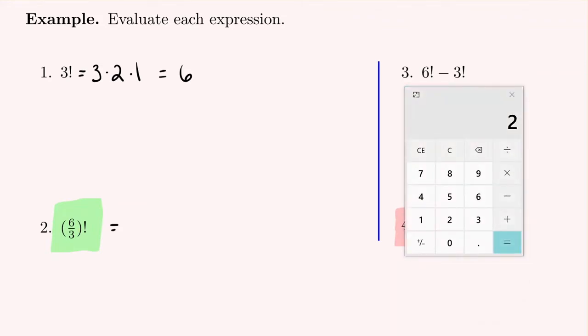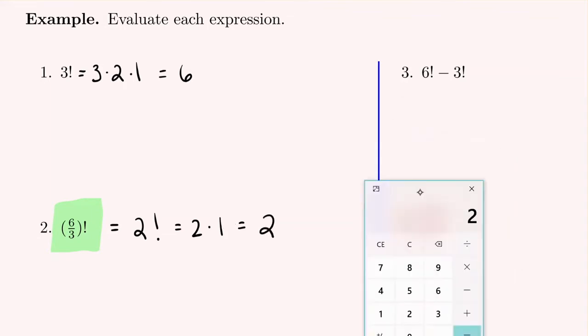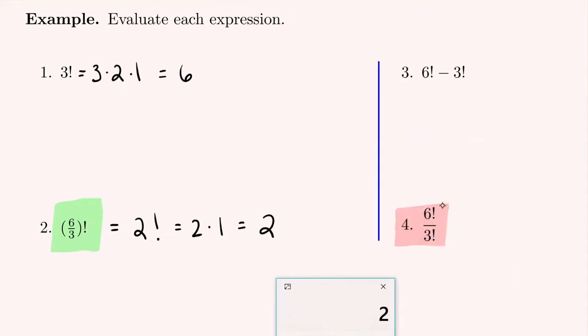So this means I need to rewrite the inside of the parentheses as a 2 before I apply the factorial. Now 2 factorial means take 2, multiply it by the preceding integers. There's only 1, 2 times 1. So example 2 has value 2, whereas in example 4 there are no parentheses, so I should instead read this as 6 factorial that is then divided by 3 factorial.